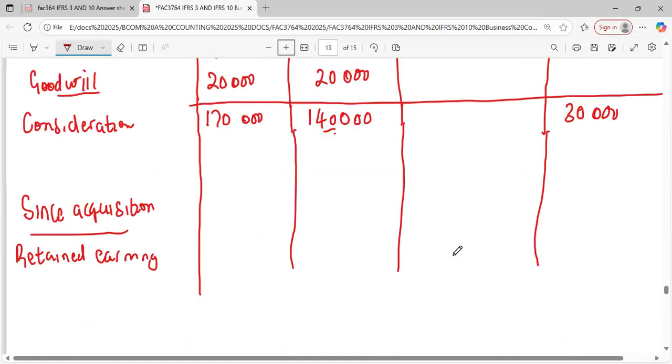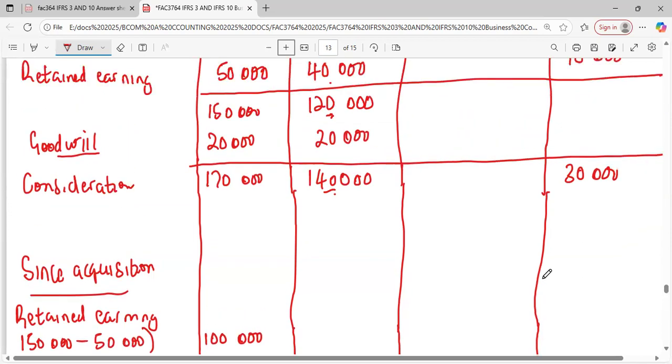So we just come here and say 150,000 minus 50,000. So this is going to be how much? It's going to be 100,000. So in this 100,000, how much is going to be for the group?